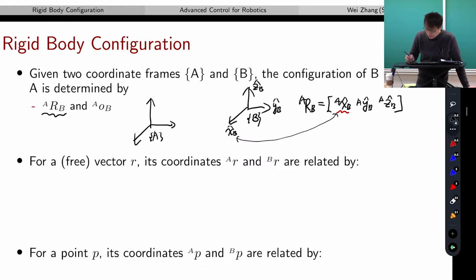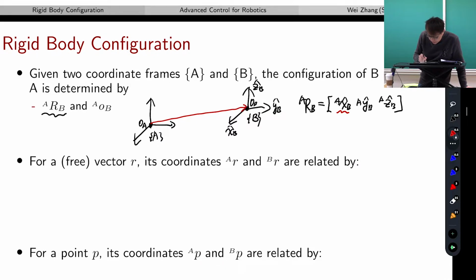Now I'm going to ask you another question. O_BA, what is O_BA? This point is O_B. How do you represent a point? Using a vector. A point is a point. You need another starting point to define a vector. Where is the starting point? O_A. Why? Because we choose the A frame to represent B, right? So this will be this vector. This vector is a physical quantity.